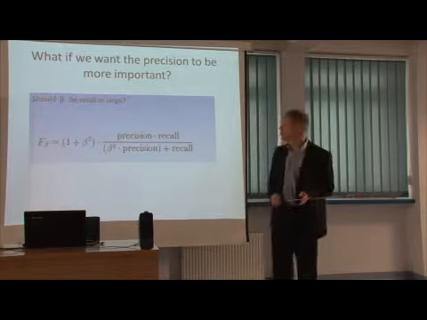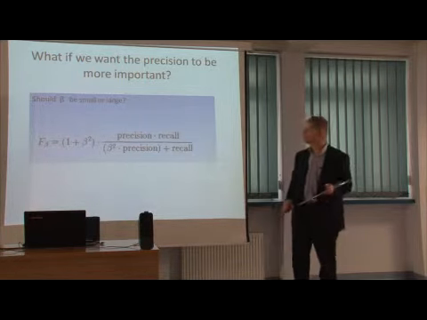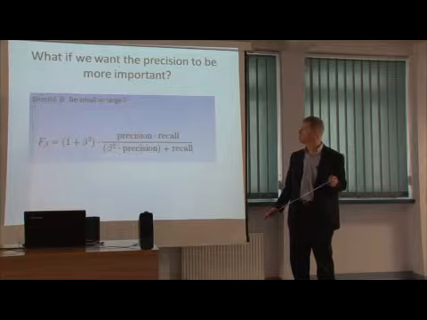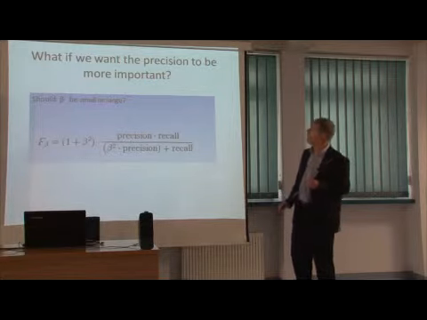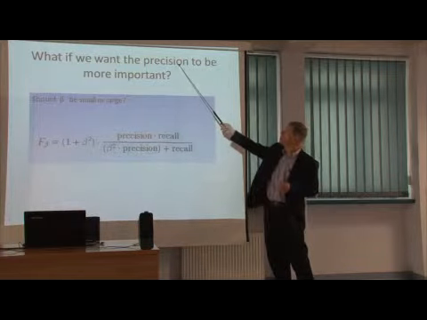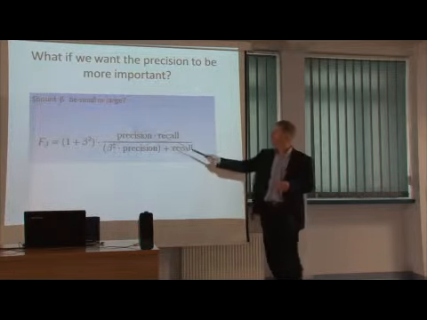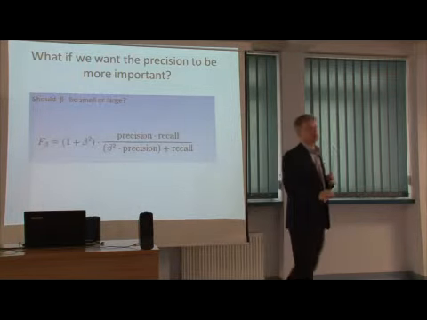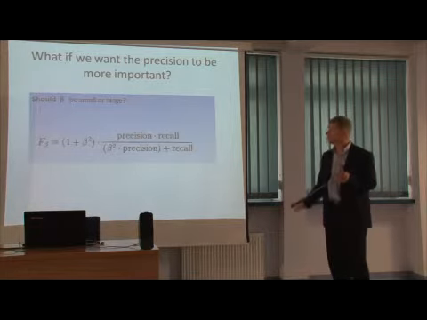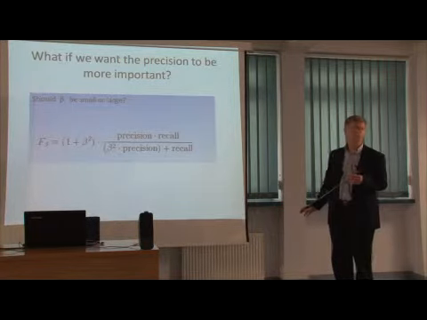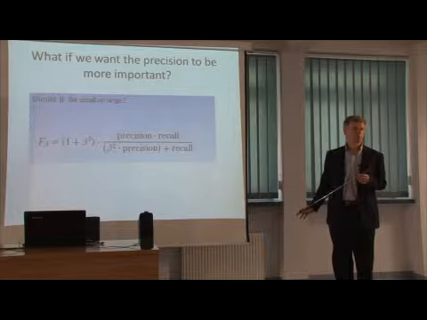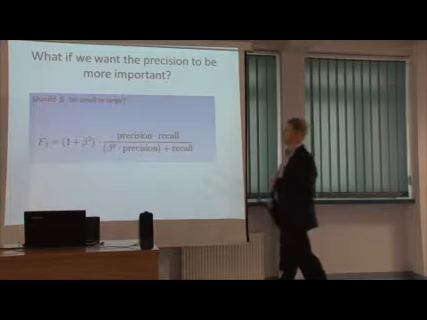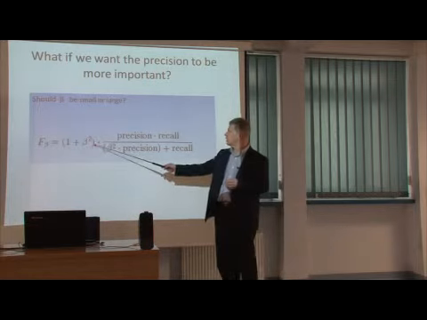There are some variations on the theme. Sometimes we care more about precision, sometimes we care more about recall. So if we want precision to be more important, should this number beta be small or large? Let's look at some cases.